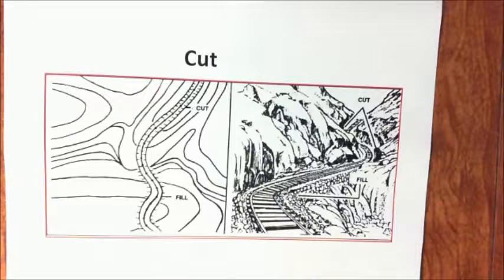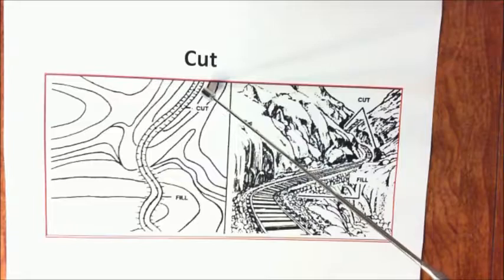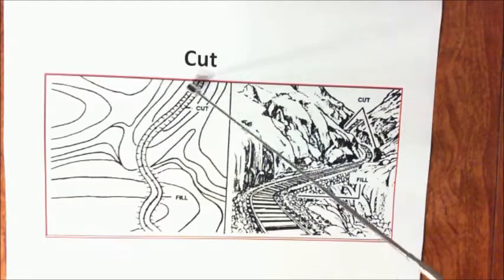So let's see what we got here. Up here, where it's high ground, we have tick marks facing in. They face in from both sides. That's where they had to make a depression in the middle.